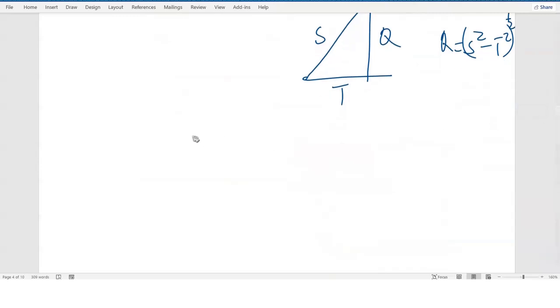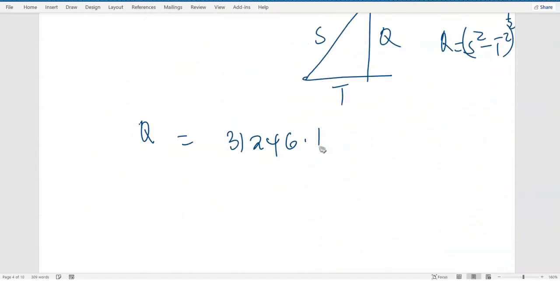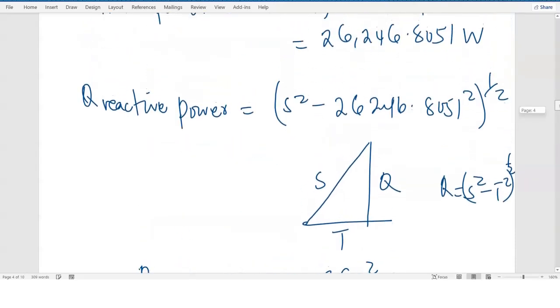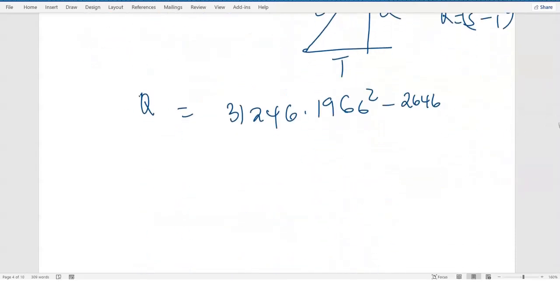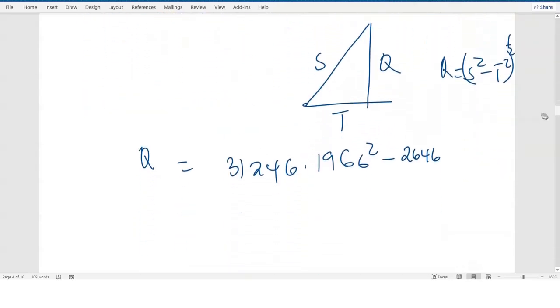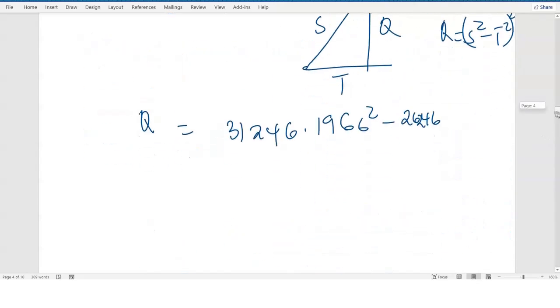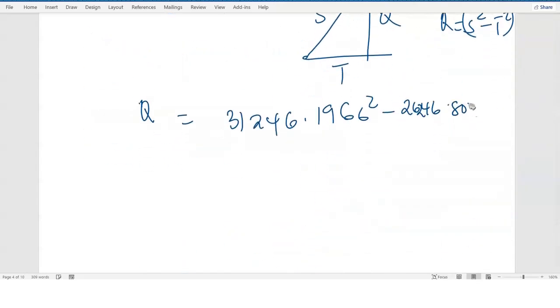I'm going to be having the reactive power as the square root of 31,246.1966 squared minus 26,246.8051 squared.